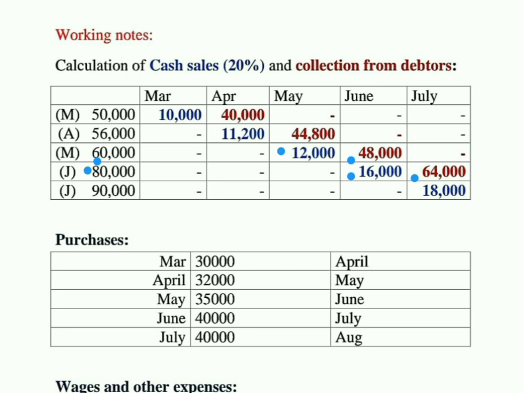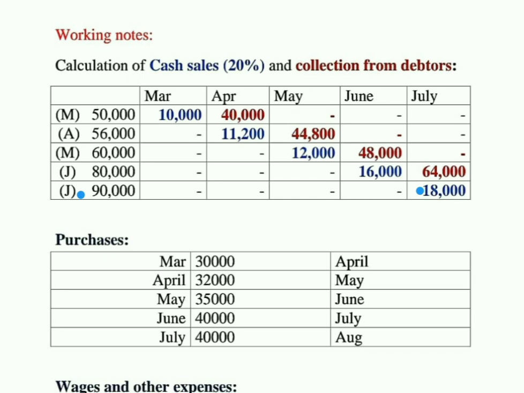And next, coming to July, here the July sales are 90,000 and 20% means 18,000 are the cash sales for the month of July, and the remaining 72,000 will be collected in the month of August. But according to our problem, we need to prepare the cash budget for the 3 months period, that is May, June and July.